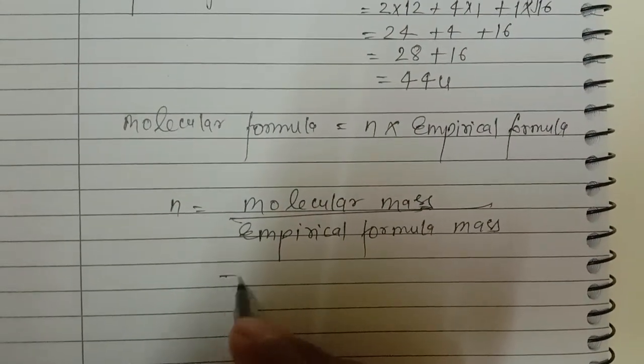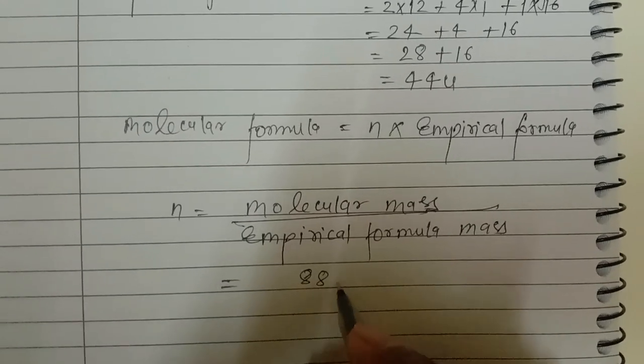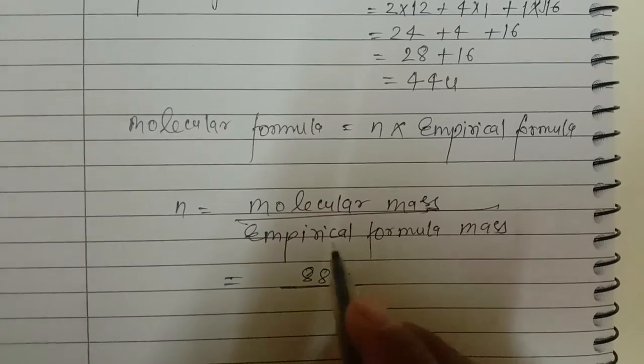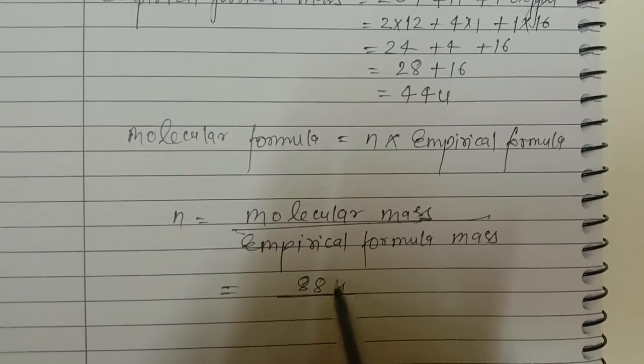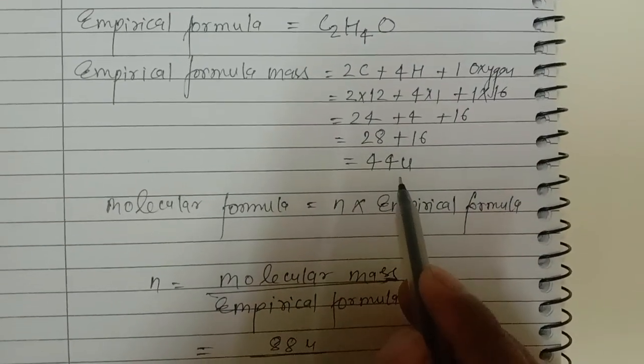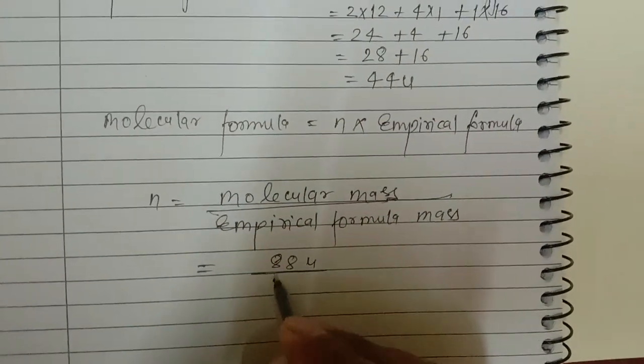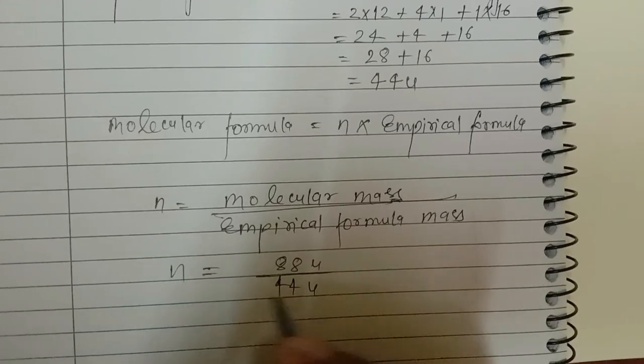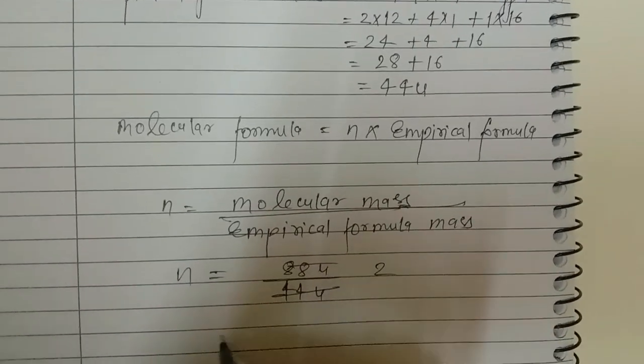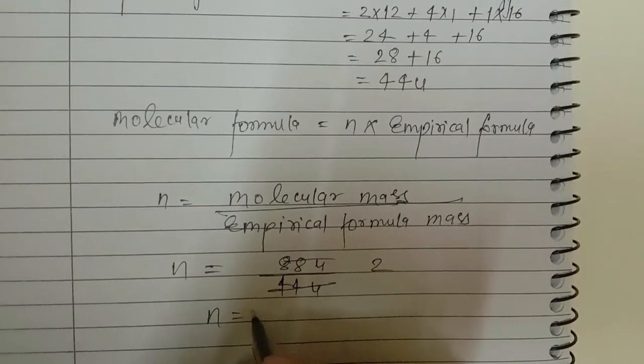The molecular mass is already given in the question, 88 U, and the empirical formula mass we calculated is 44 U. So we divide by 44 U, and N equals 2.